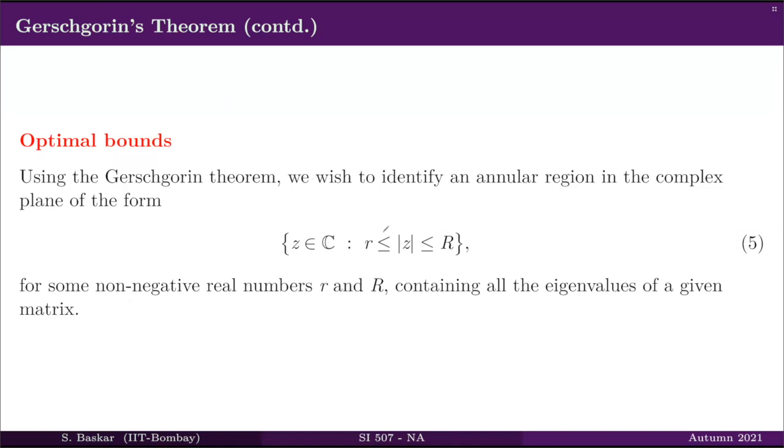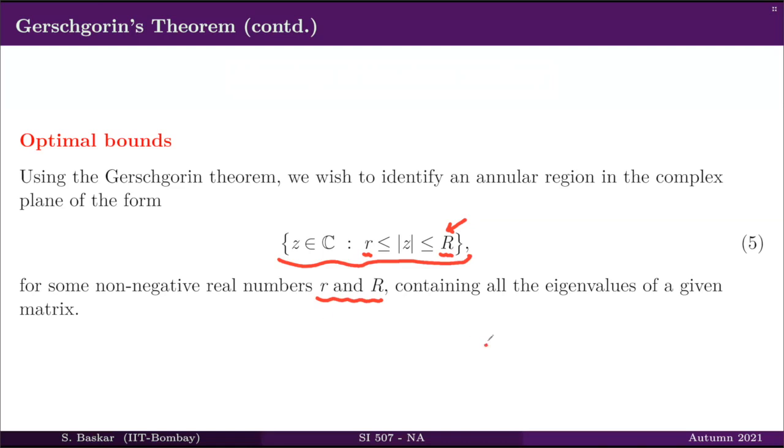That is, we have to find a small r and a capital R. Don't confuse this R with the region that we defined as the union of the disks. I'm sorry for using the same notation for both these quantities, where small r and capital R are non-negative real numbers such that this set is our interest, where all our eigenvalues lie.